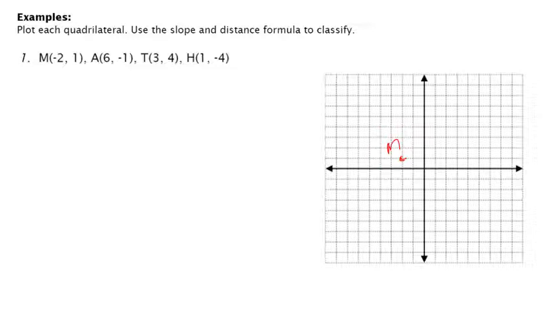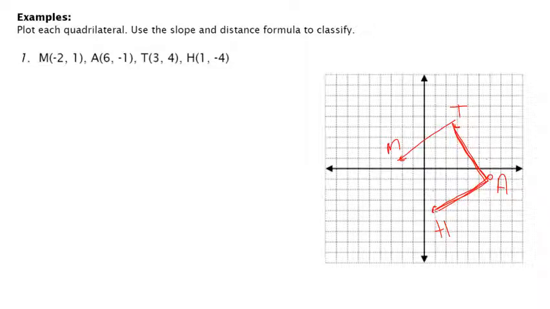We have A is (6, -1). We have T as (3, 4). And then H is (1, -4).